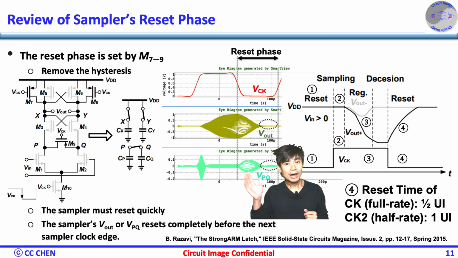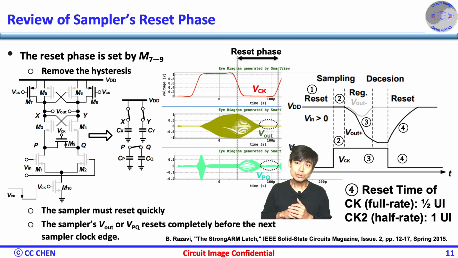Therefore, a half-rate clock can provide twice the reset time for clearing the hysteresis than the full-rate clock. Then, the half-rate clock would inherently have less DDJ than the full-rate clock.